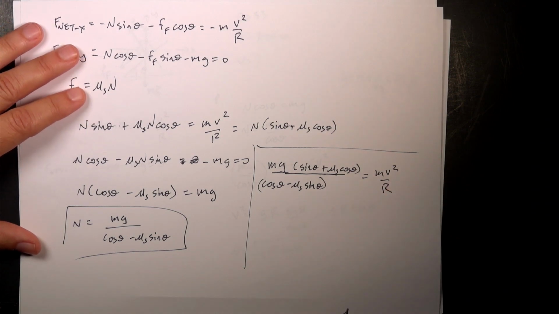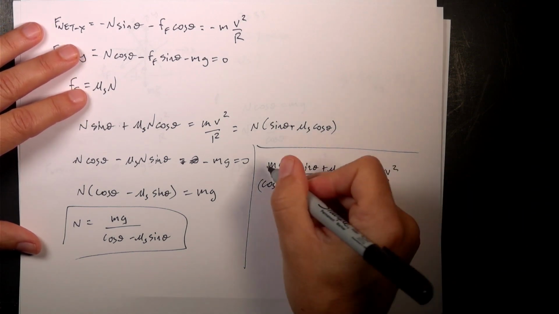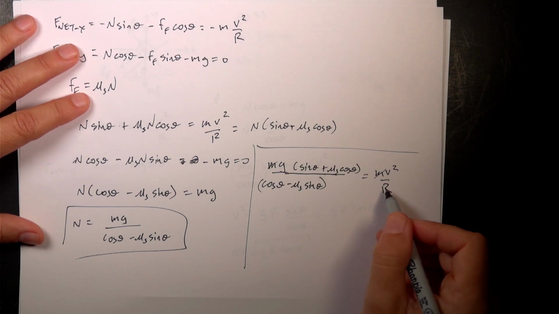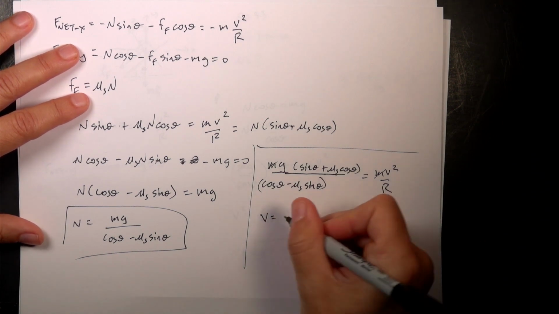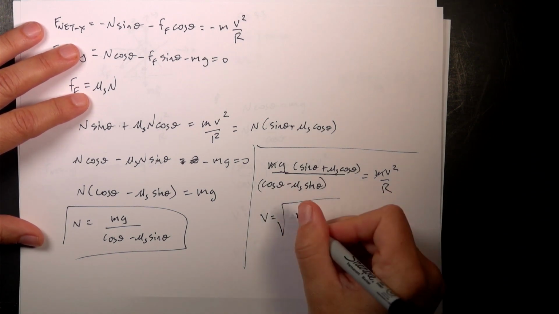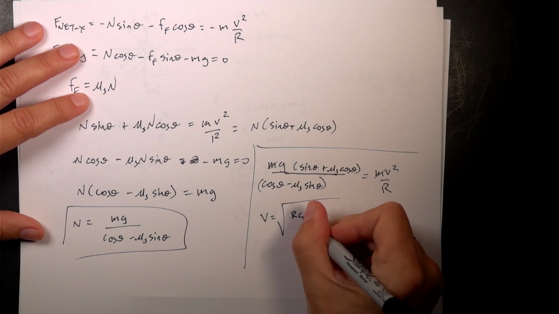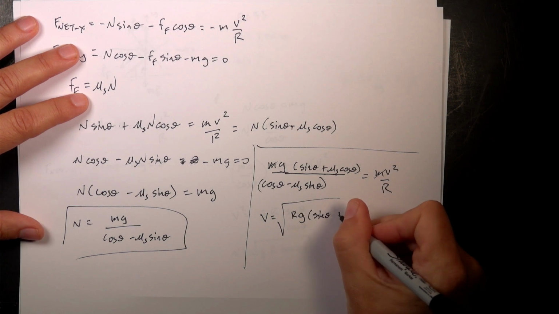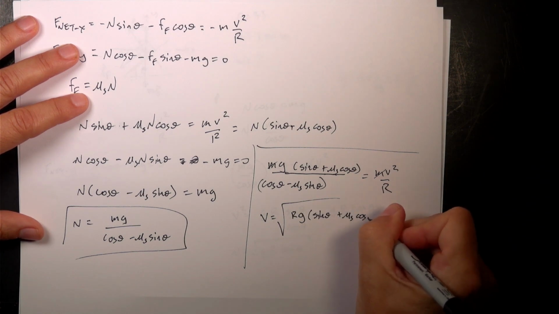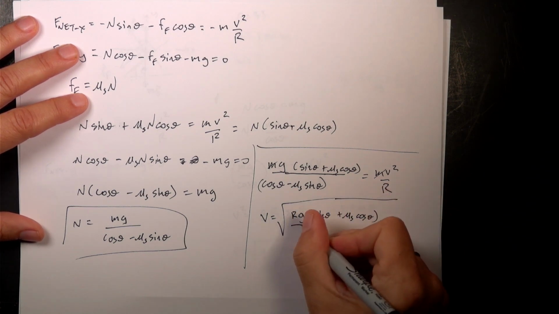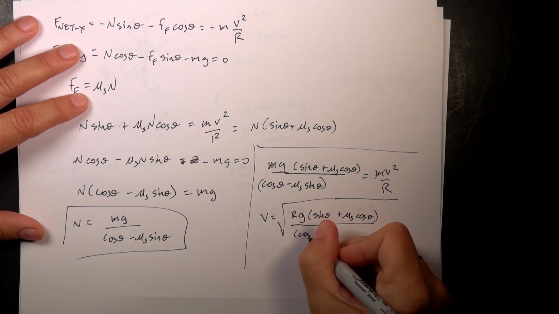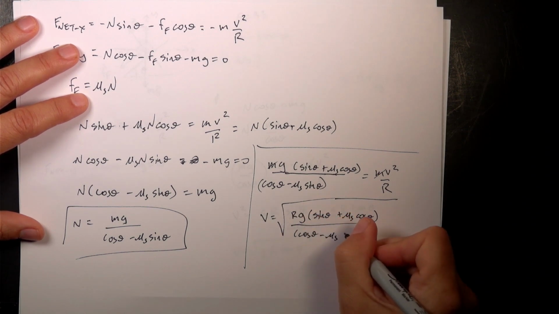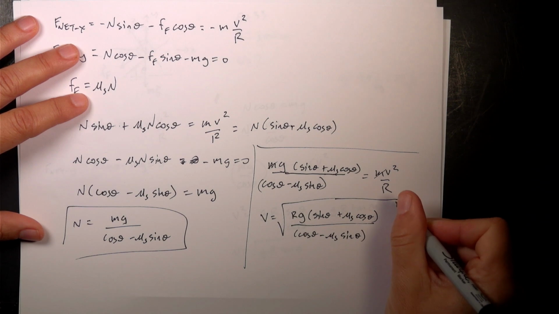So it looks bad, but I'm really done, right? 'Cause first of all, I can cancel the mass, that's good. Multiply by r and take the square root, and I get v equals the square root of r times g times sine theta plus mu s cosine theta, all of that over cosine theta minus mu s sine theta.